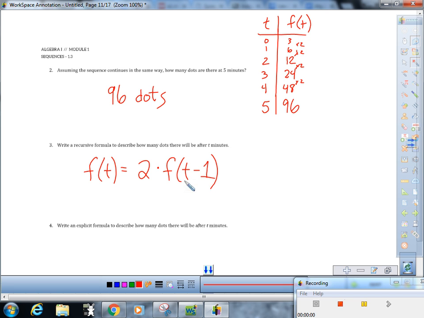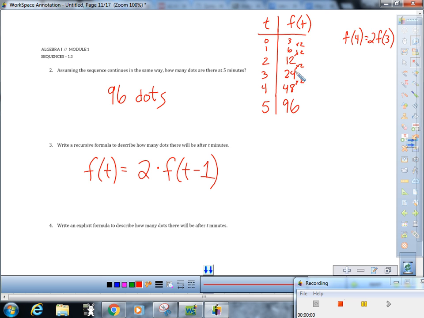So you take whatever it was last time and double it. So what was f of 4? Notice that f of 4 is equal to 2 times f of 3. Okay, f of 4, the function at 4, is twice f of 3, the function at 3.